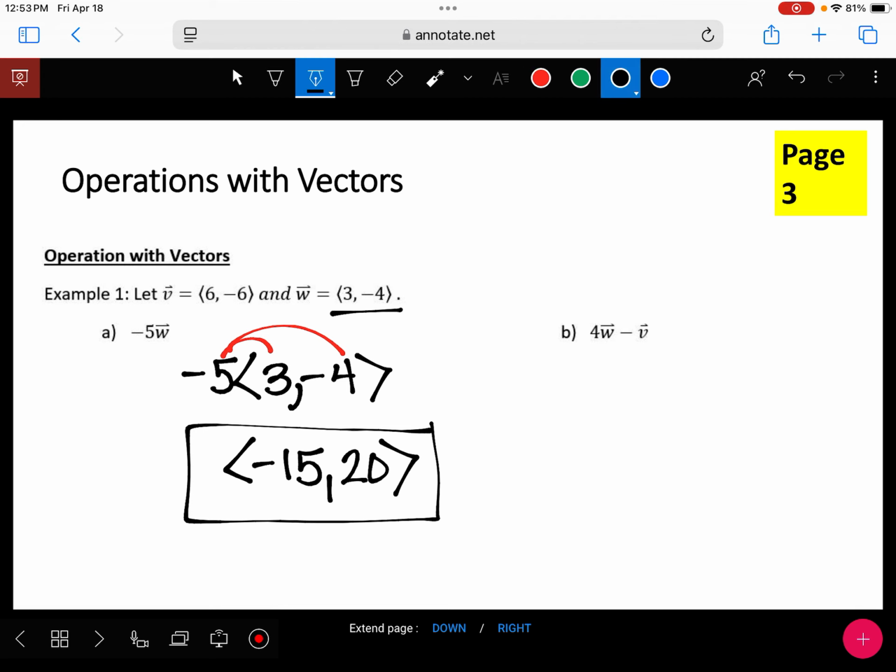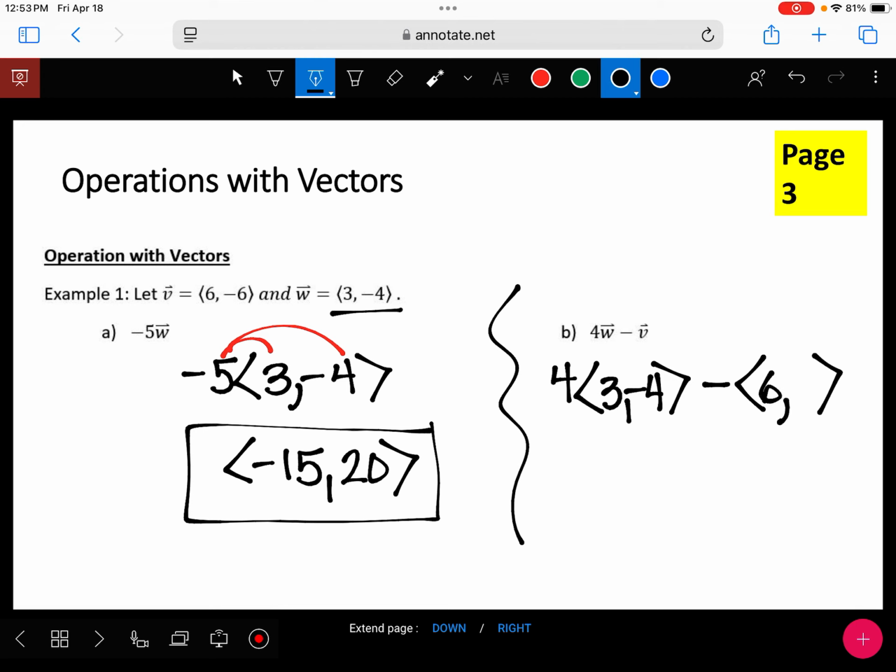What question B is saying is multiply vector W by 4, and then we're going to subtract from that vector V. So B uses both vectors. So we're going to distribute. So that would become 12, -16.